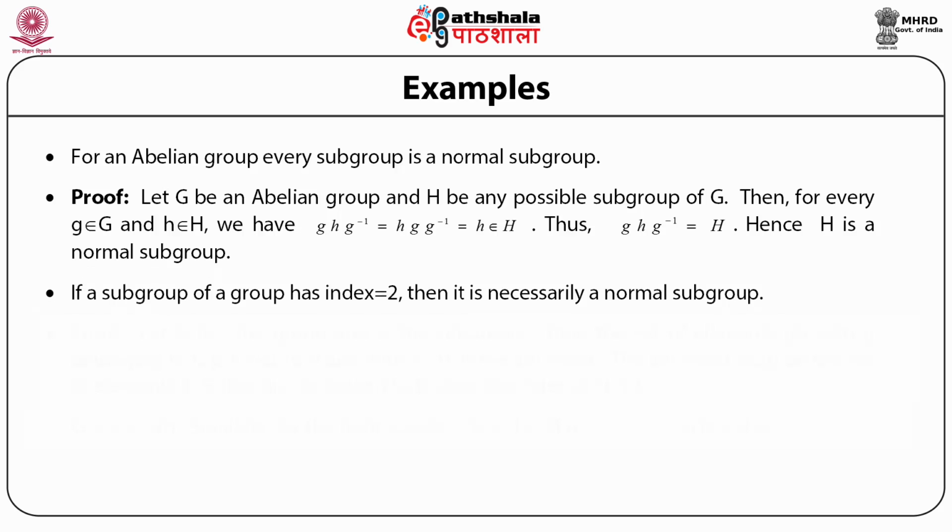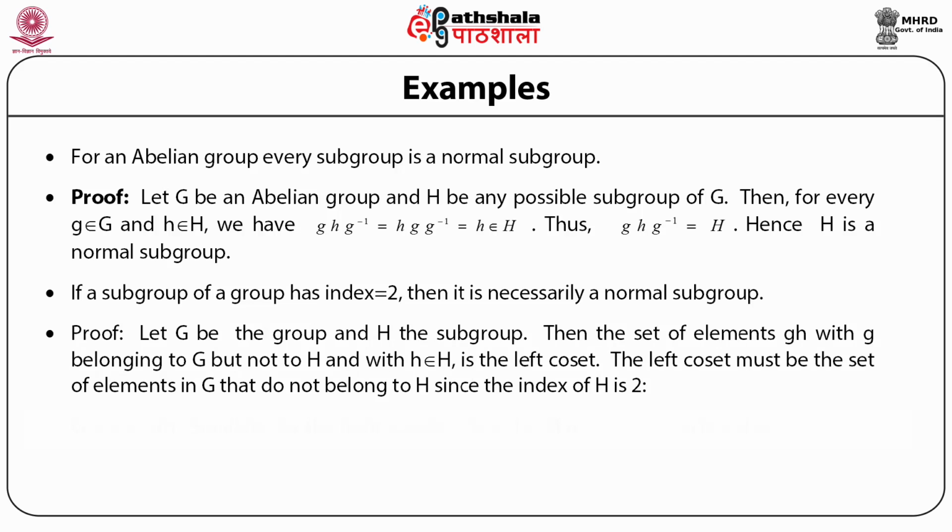If a subgroup has index 2, then it is necessarily a normal subgroup. This can be seen as follows in the slide. Let G be the group and H a subgroup. Then the set of elements gH, with g belonging to the group G but not to H, is a left coset.